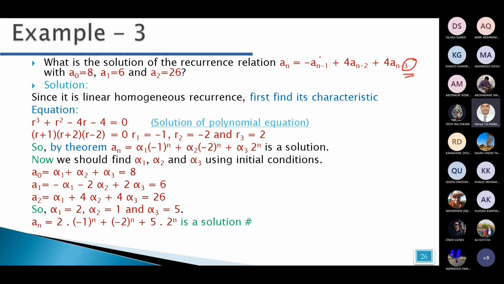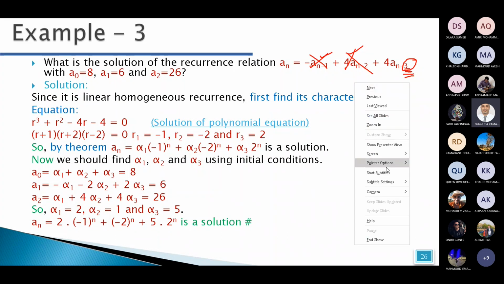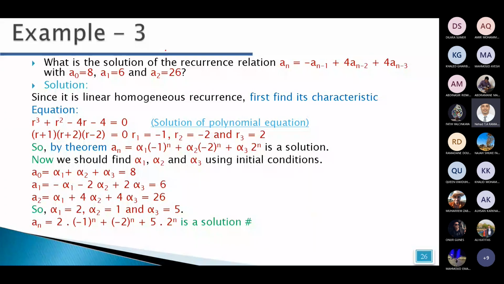And degree doesn't depend on how many terms you have. If you don't have this one and this one, it's still degree 3. Why? We look at the last number here. It's minus 3, so it's degree 3. Okay? Here we have 3 initial values or initial conditions.